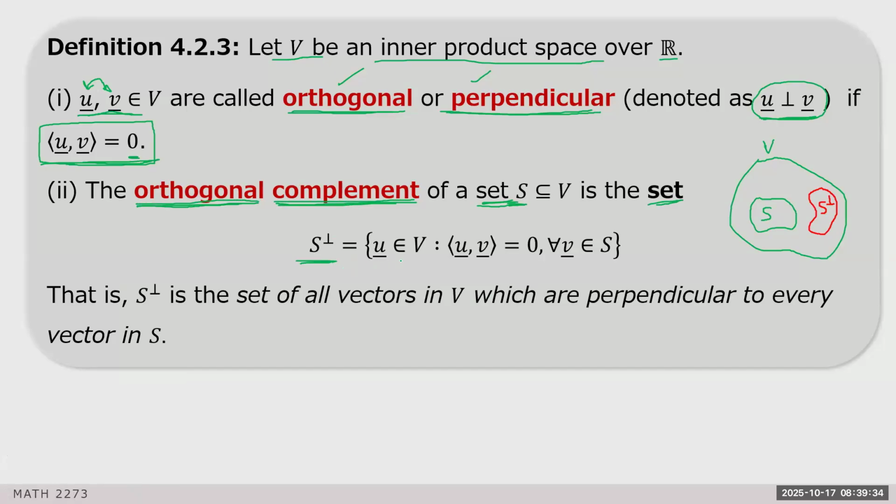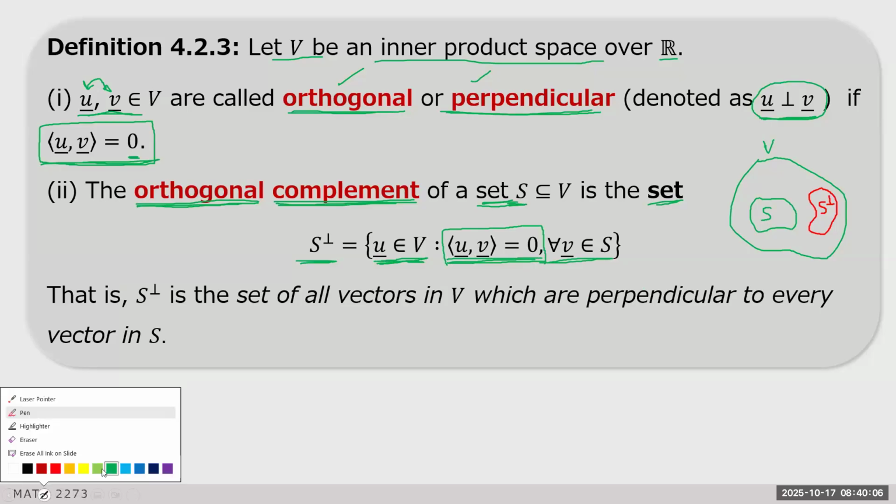It's a set of vectors in V such that those vectors, and again, we need to recall our definition from earlier. What does it mean for the inner product of two vectors to be 0? It means they are perpendicular to each other. So it's a set of vectors from V which are perpendicular to every vector in S. That's what this is saying.